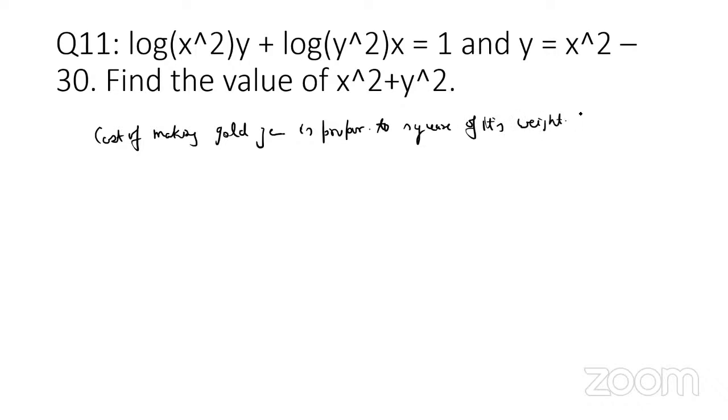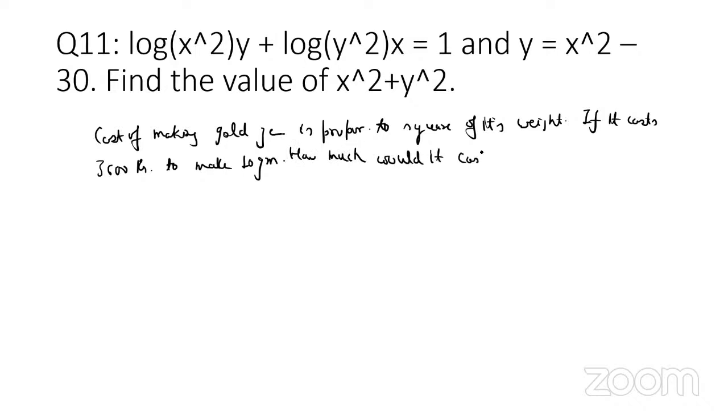And we are also given that if it costs 3,600 rupees to make 10 grams, how much would it cost to make 4 grams? This is also one of the questions which was asked, right?